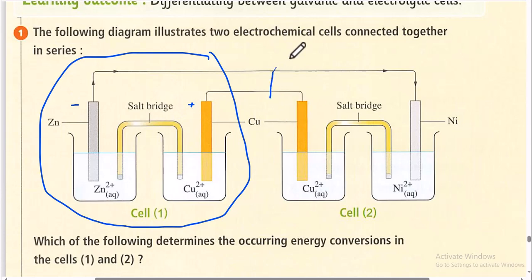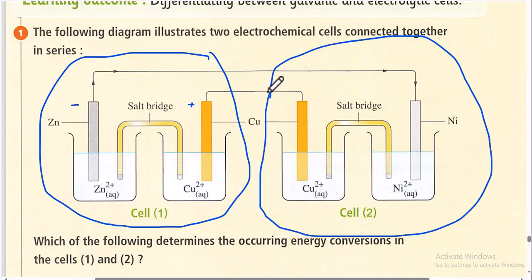Look here at the other electric cell. The comparison here is between copper and nickel. It is supposed that nickel is oxidized because it is more active than copper, so it is supposed to be oxidized to nickel positive 2 and leave the electrons, and the electric current goes out.